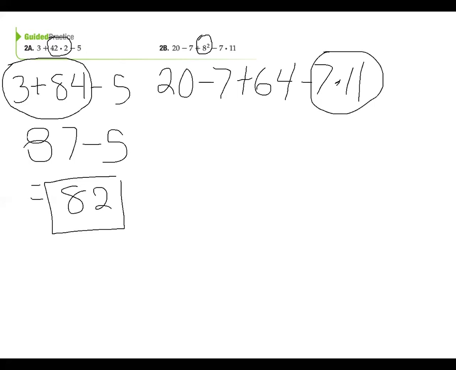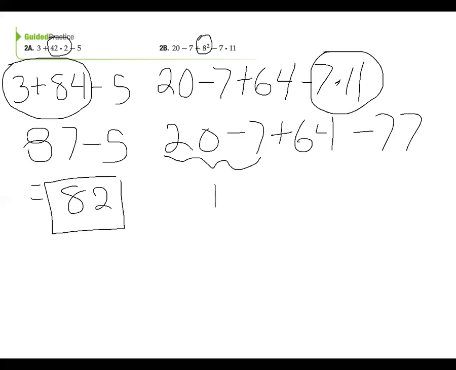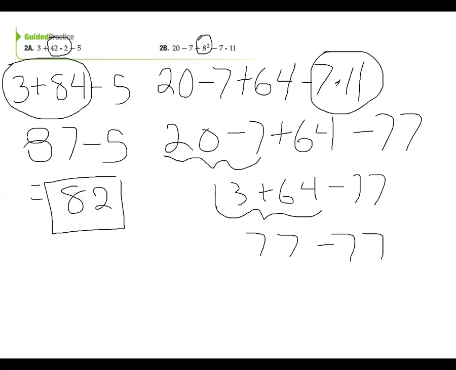So you would have 20 minus 7 plus 64 minus 77. And then it's all addition and subtraction, so you just do that from left to right. 20 minus 7 is 13 plus 64 minus 77. 13 and 64 is 77 minus 77. And this one actually does come out to be 0. Pretty cool stuff, huh?